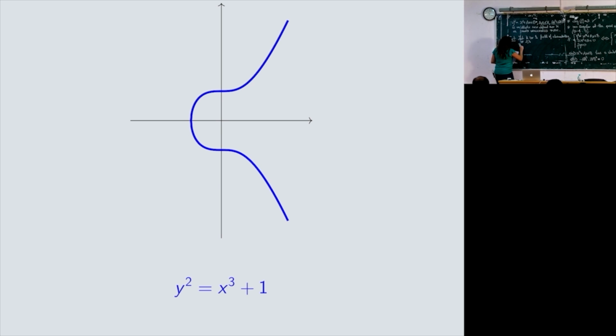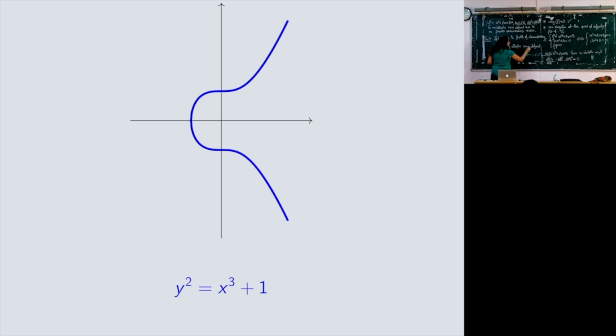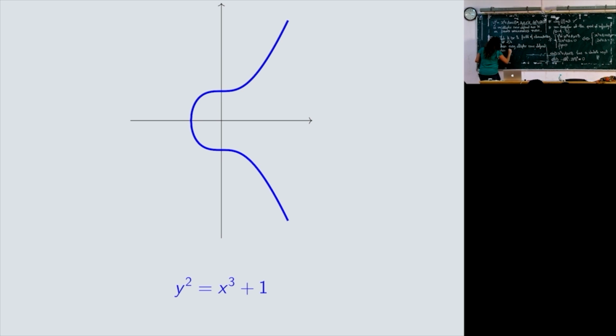Then every elliptic curve defined over K is isomorphic to an elliptic curve in short Weierstrass form.